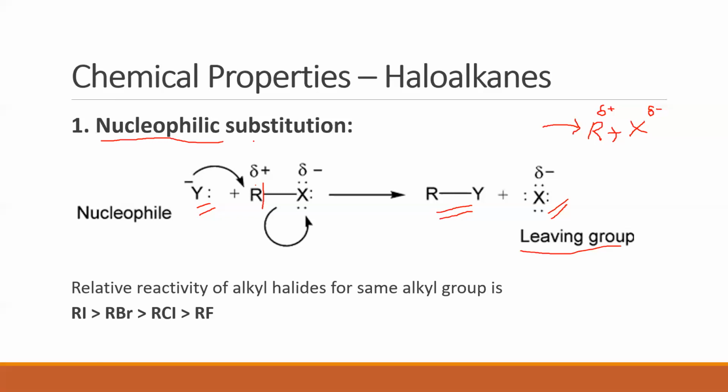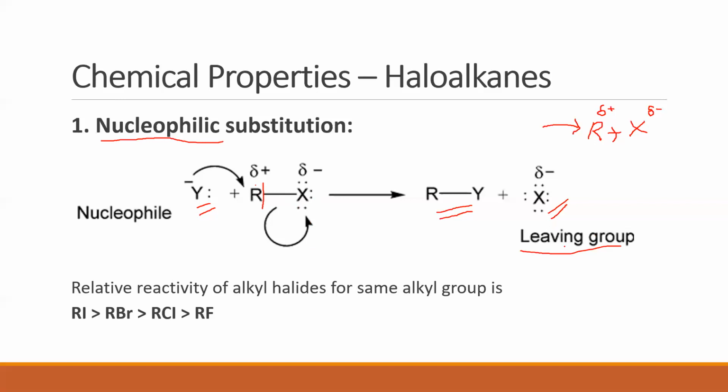Clear? So let me repeat once again. An alkyl halide is polar. Why is it polar? Because of inductive effect. R is positively charged, X is negatively charged. A nucleophile which is negatively charged or having excess electrons will attack the carbon atom which is positively charged and forms a bond with that. The moment the bond is formed, somebody has to leave because carbon cannot have 5 bonds around it. The one who leaves is the halogen.